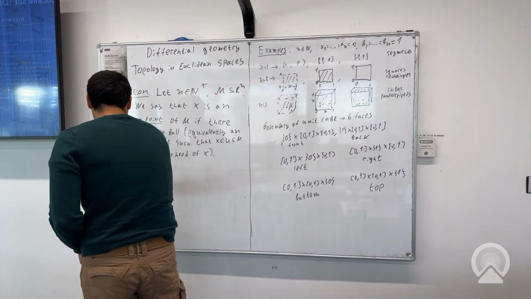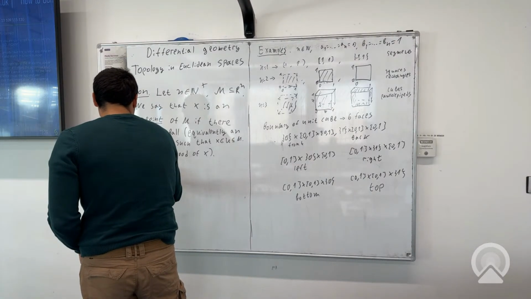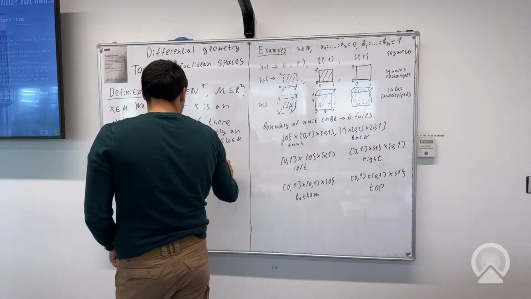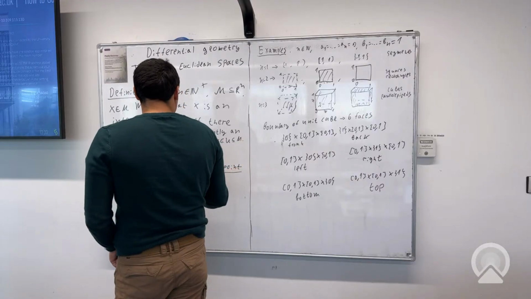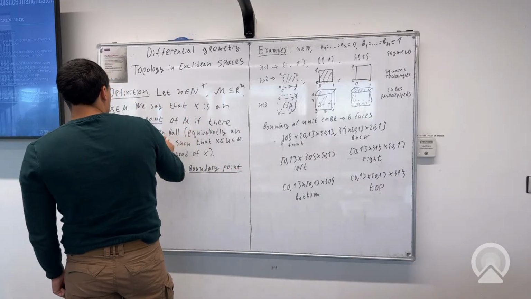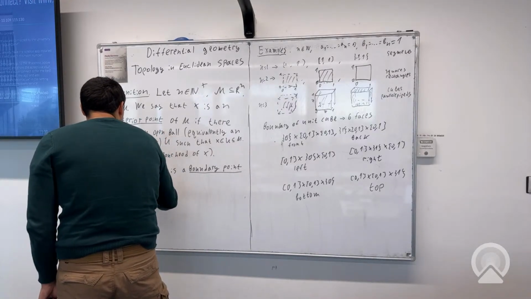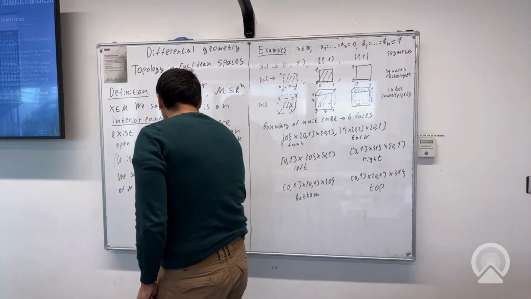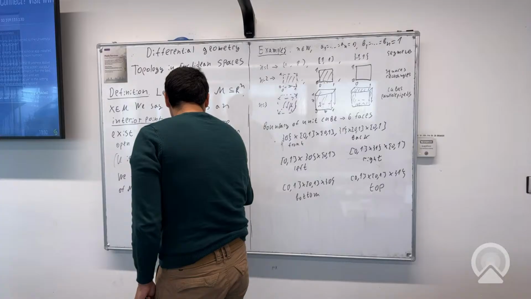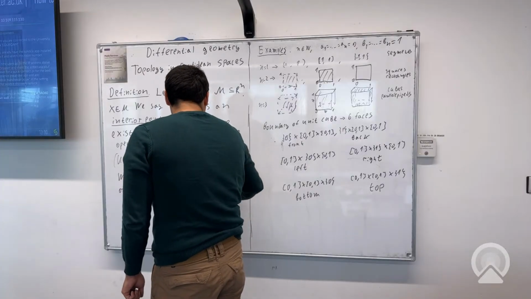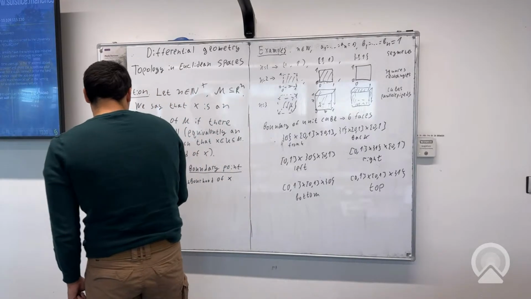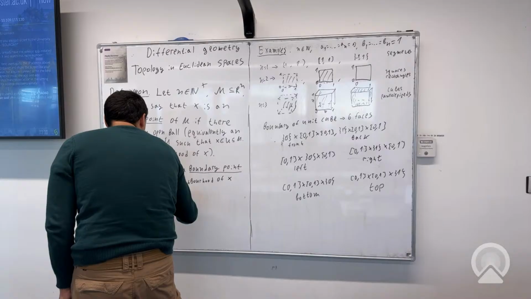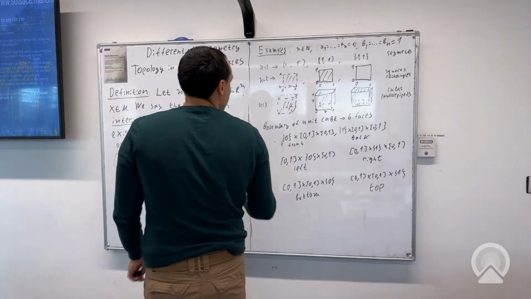We say that X is a boundary point of M if any open neighborhood of X, an open neighborhood being an open set containing this point, contains points outside M.